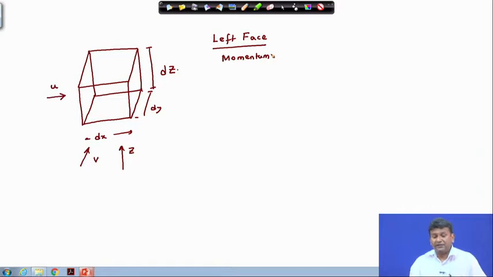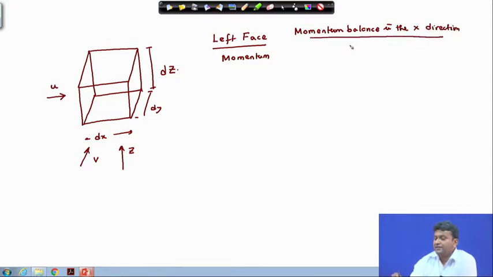So, what is the momentum that is entering the left face? We are considering the momentum balance in the x direction, so we are considering the so-called x momentum. You need to understand that the momentum entering through the left face is u into rho u, right.